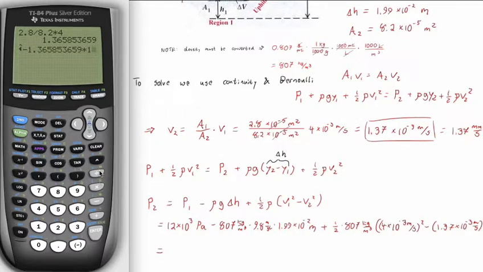I'm going to close that off, so I'll add extra parentheses, and then I can square that, and finally close off that last set of parentheses.